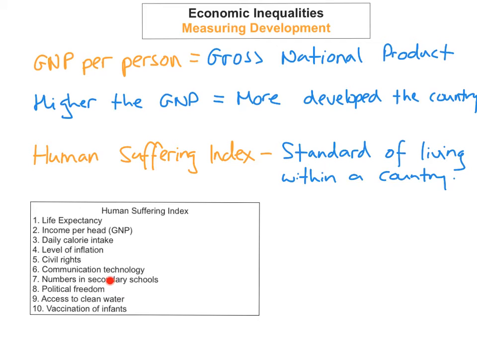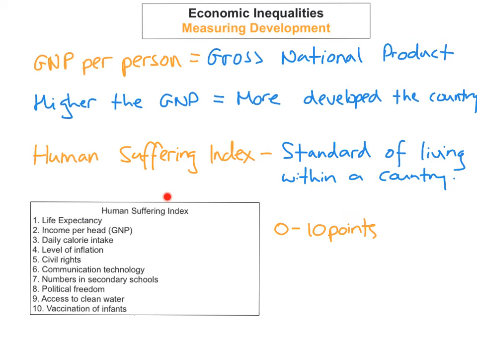So what they do is they score each of these from 0 to 10 with points, and if you score 10, it indicates the maximum amount of suffering. So life expectancy, if there's a really poor life expectancy, you might get 10 points.